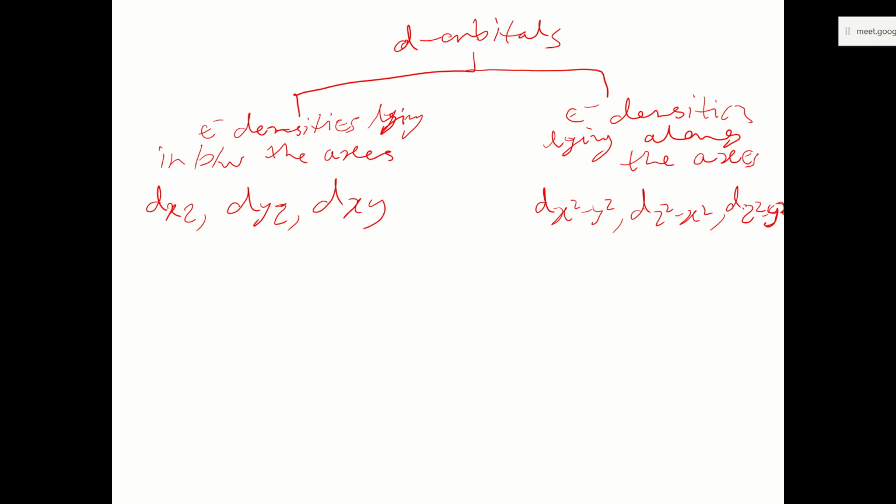So these two, which theoretically were predicted, did not have individual existence in reality.